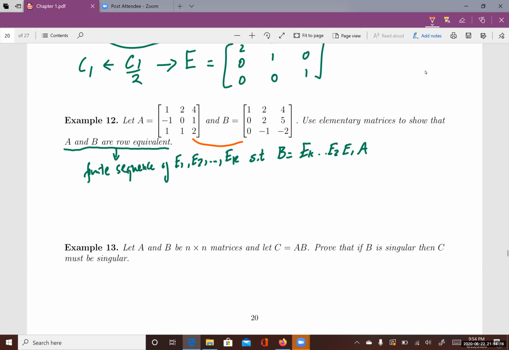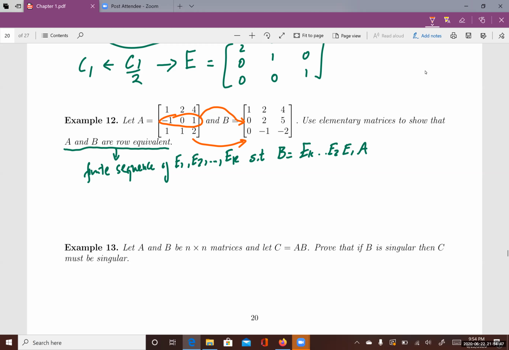First, let's do some observations from A and B, okay? Row 1 of A and row 1 of B are the same, but row 2 and row 3 of A are different compared to row 2 and row 3 of B. So to change from this row 2 to this row 2, this is 0.